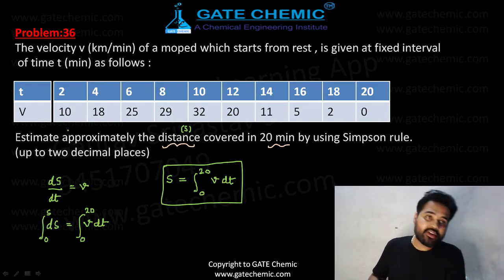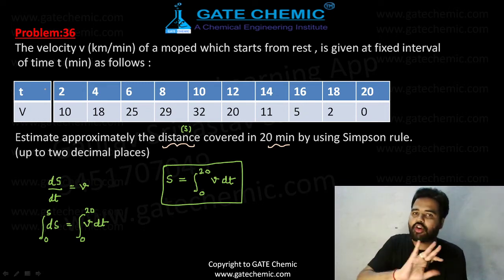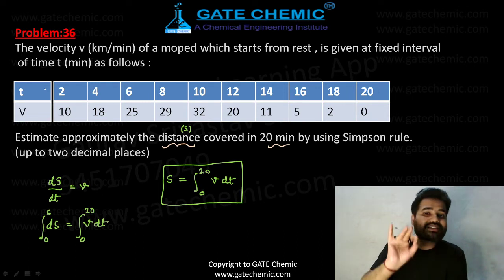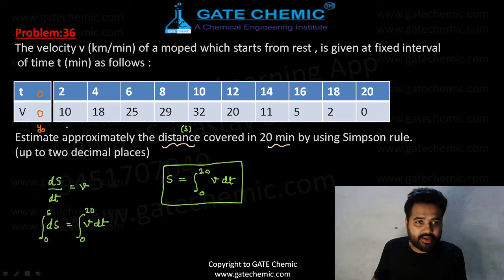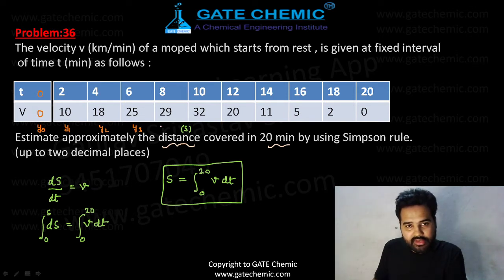One important thing here: this data starts from 2, so one data point is missing. You must think from your side that at time t equals 0, the velocity is also 0. This will not be available in your question. So you can write this as y0, this as y1, y2, y3, y4, y5, y6, y7, y8, y9, and this one y10.